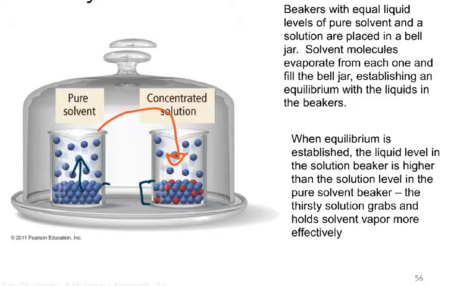And so you can't see it in this picture. What's going to happen is our volume of our liquid that's pure solvent is going to decrease, and this volume will increase because of that decreased vapor pressure in our solution.